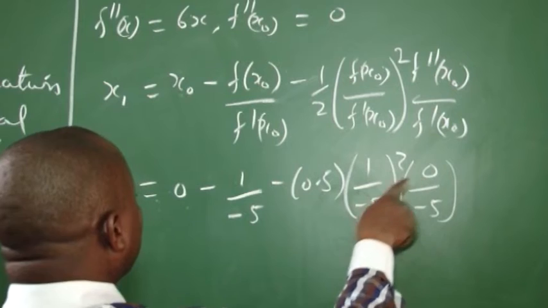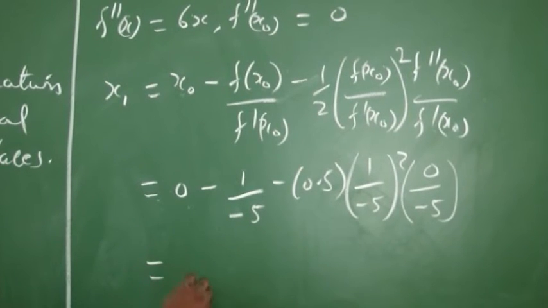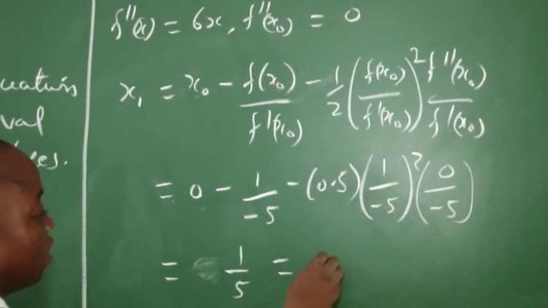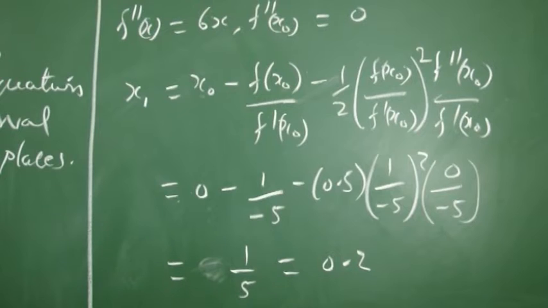Because of this 0, we have minus 1 over minus 5, that is 1 over 5. That is 0.2. That is x1.